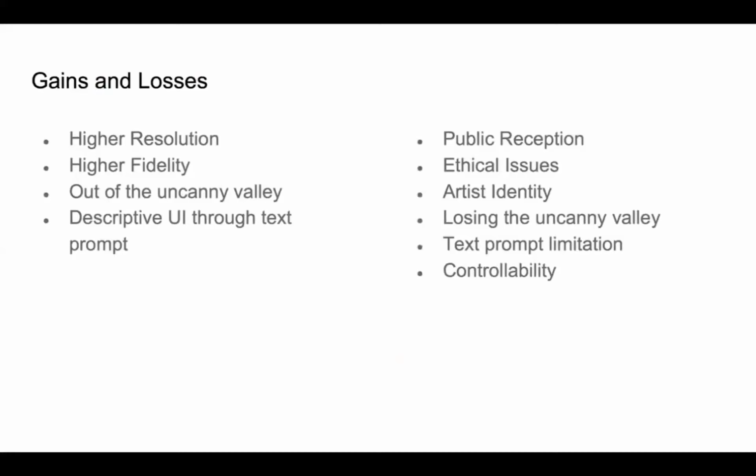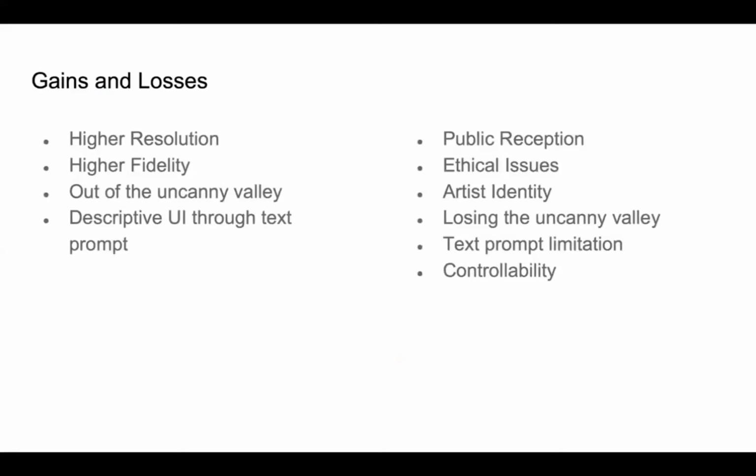So obviously we have gains in resolution, in having high fidelity images, getting out of the uncanny valley, and using text as a descriptive way to generate images. But on the other side, I want to discuss a couple of issues here.